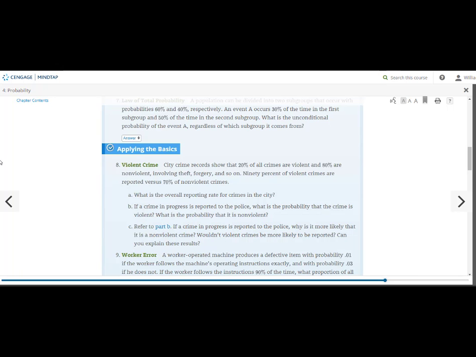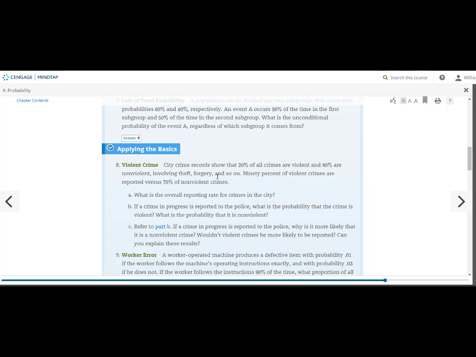Okay, now here's a more practical example. We're going to have to try and rewrite this thing about violent crime as some kind of Bayes' theorem or Bayes' rule question. It says city crime records show that 20%, so you're going to have to parse these sentences or this problem.